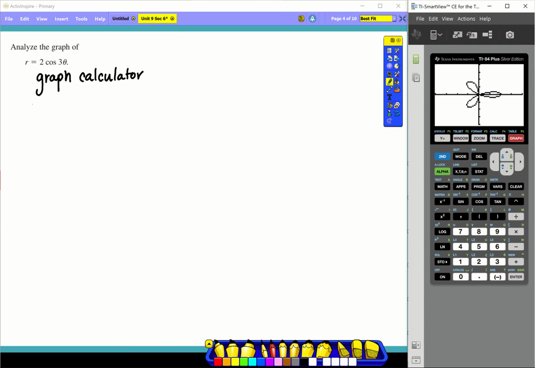Is this symmetric with respect to the line theta equals pi over 2? Well, it does not look like it. But we'll go ahead and have a look and see what's going on using those rules.